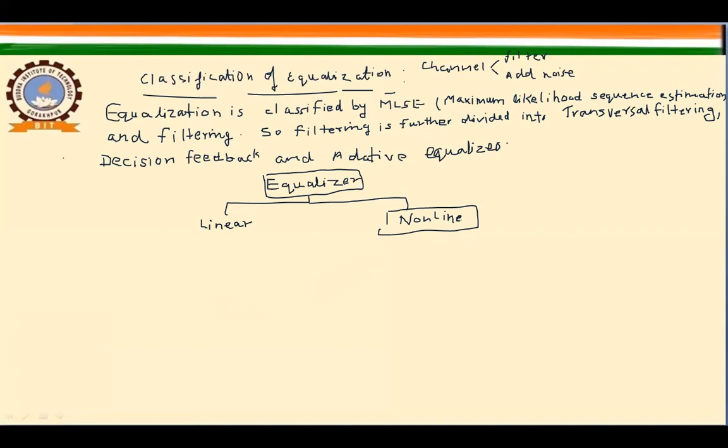This linear is further divided into two parts. One is the transversal equalizer, another one is lattice.